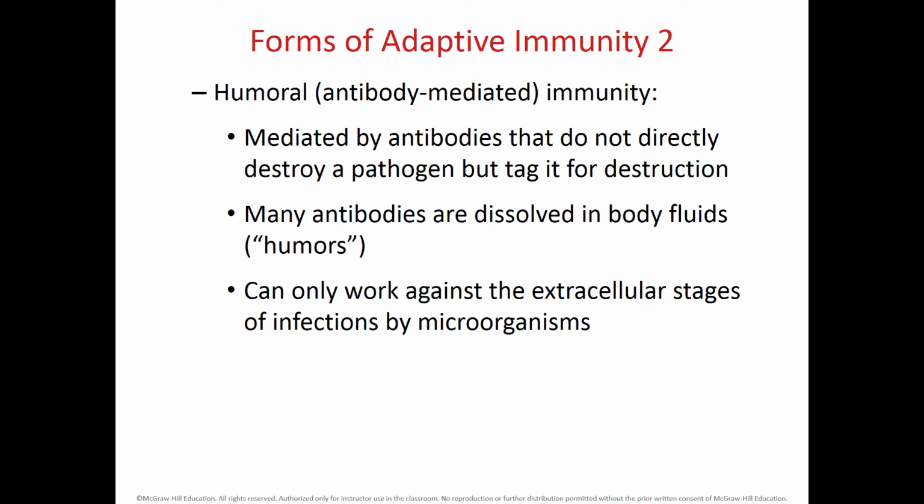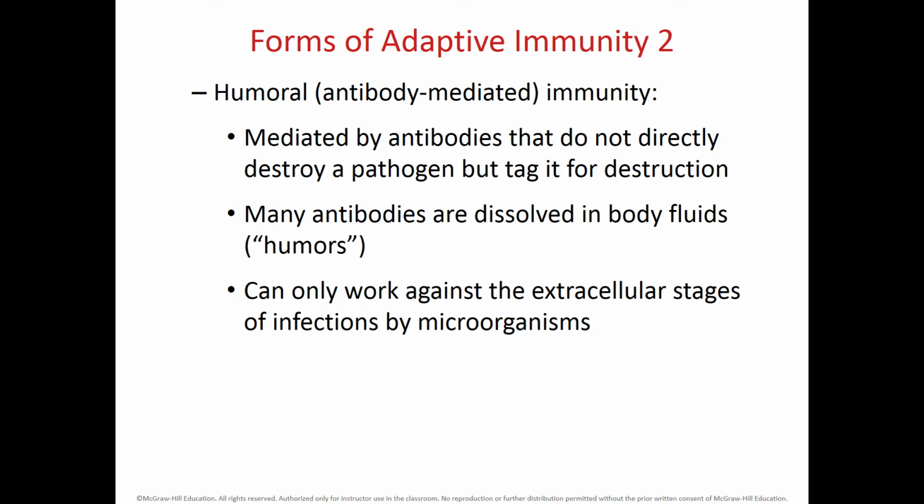So, humoral immunity is also known as antibody-mediated because B cells, B lymphocytes, make these antibodies. And Greek doctors back in the times of Hippocrates used to call the body fluids humors, like our blood, our urine, and all that.